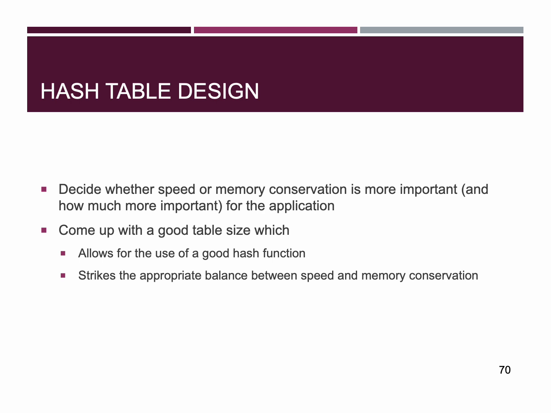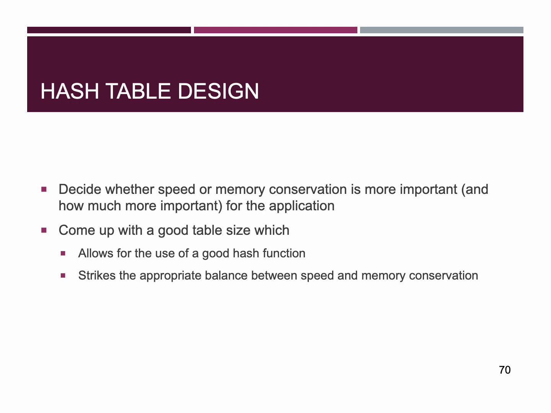So, designing an effective hash table involves balancing the requirements of speed and memory conservation. The priorities here will depend on the specific application and its constraints. Now, the first step in hash table design is to decide which aspect, speed or memory conservation, is more important for the application.